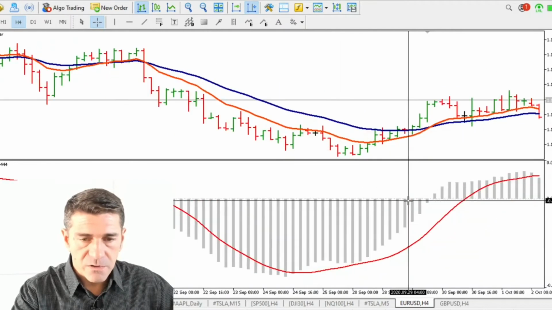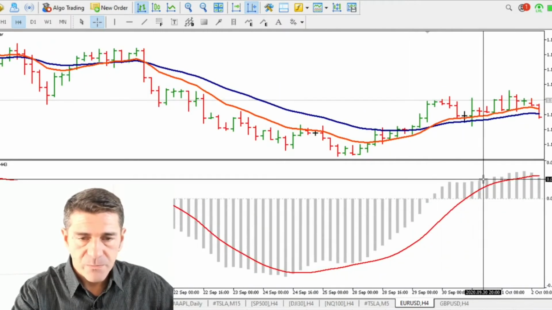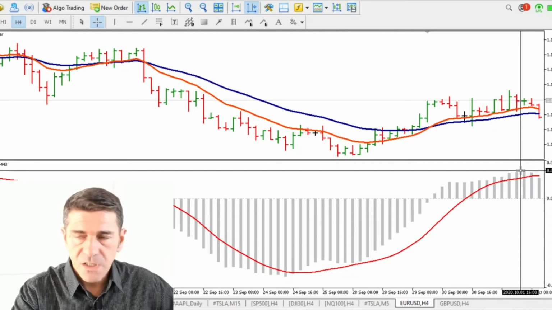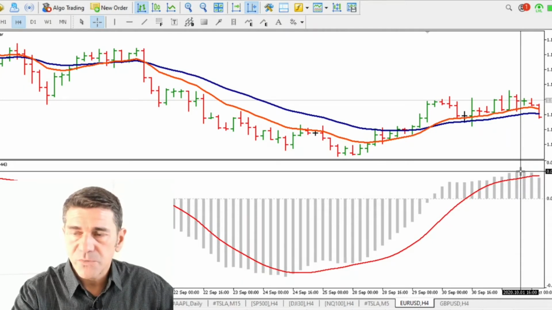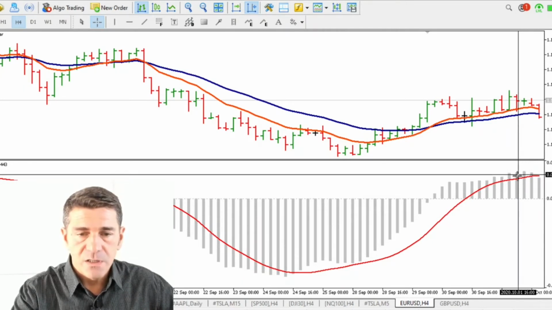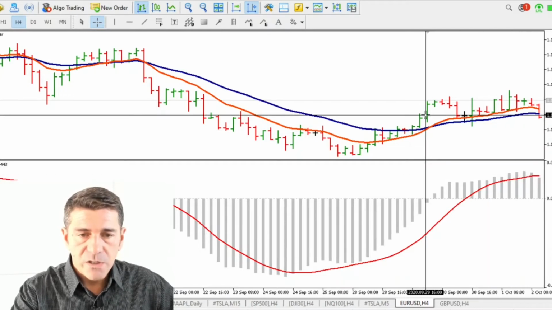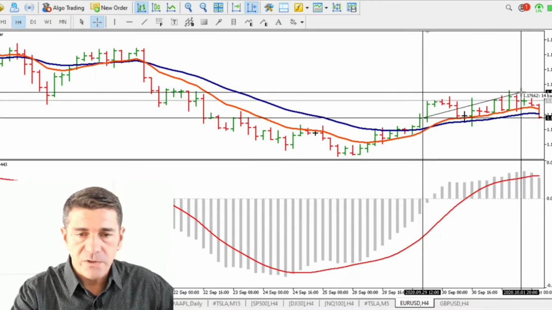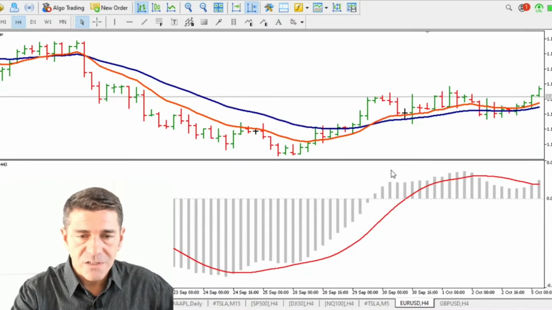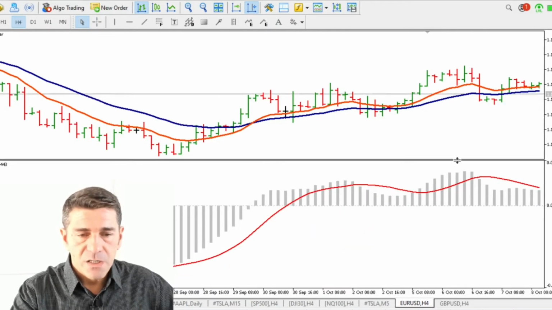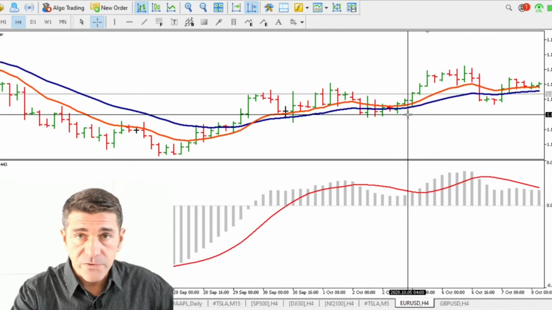Until these pillars in the MACD histogram increase, we are going to say that we have an uptrend, and this uptrend is accelerating. This is going to continue until the moment when we have the so-called divergence.